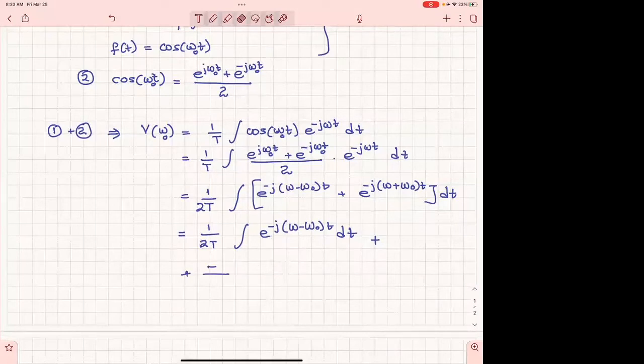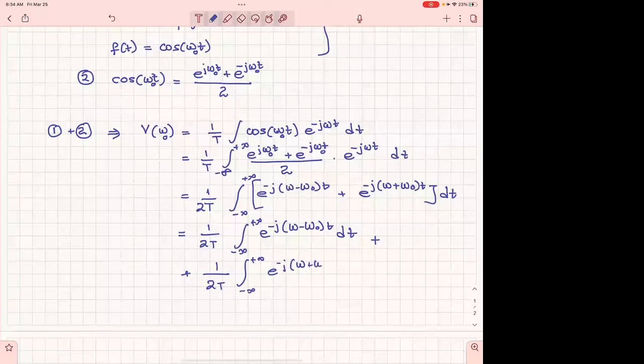One over 2T, of course, this implies from minus infinity to plus infinity, all right? It's an indefinite integral, and then it's e to the minus j omega plus omega naught t dt.